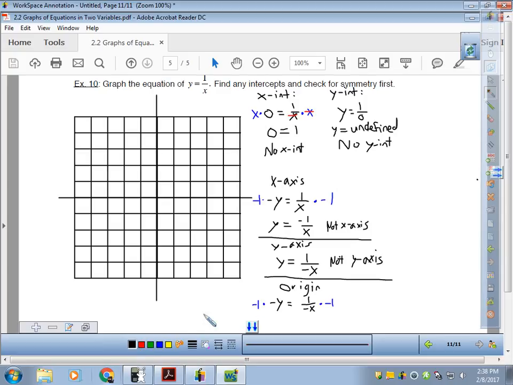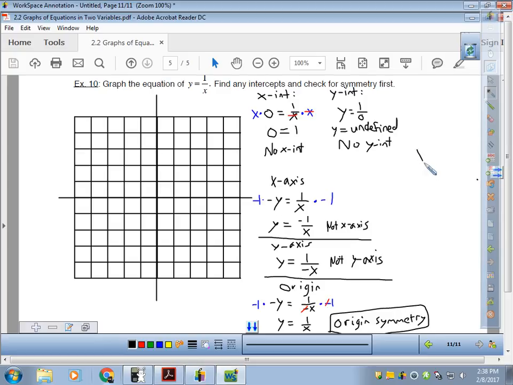On the left side, negative 1 times negative y gives me a positive y. Over here on the right-hand side, the negative right here could cancel out with the negative right there, and so we just end up with 1 over x. Now, is that what we started with? It sure is. So that tells us we do have origin symmetry in this graph. We should have that origin symmetry.